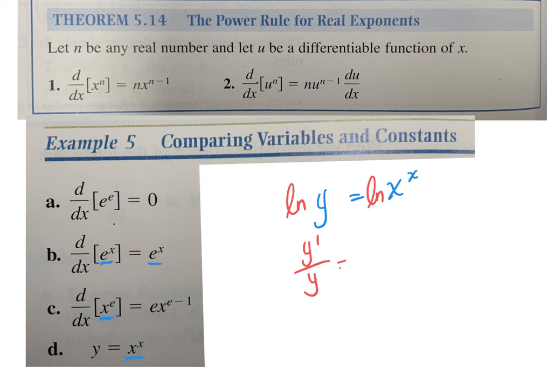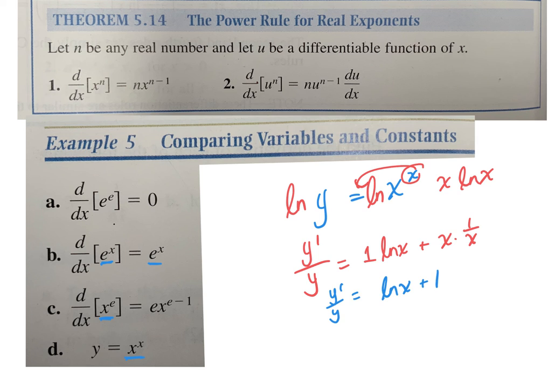Obviously, we're solving for y prime. This then can expand. We have x natural log of x. We can use our product rule. The derivative of the first is just 1 times the second plus the first times the derivative of the second, right? And so then we have the natural log of x plus 1.